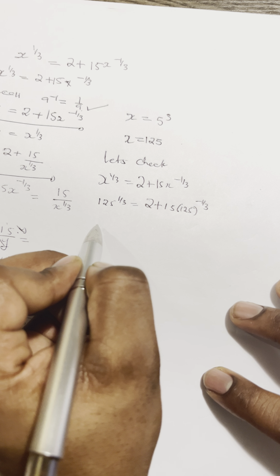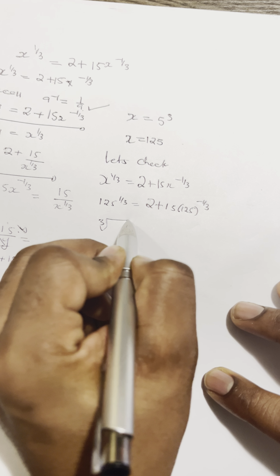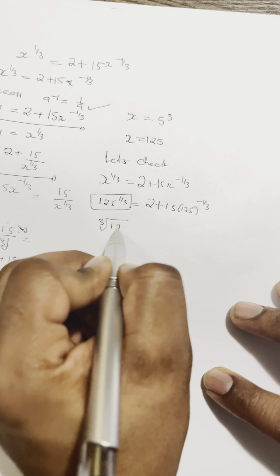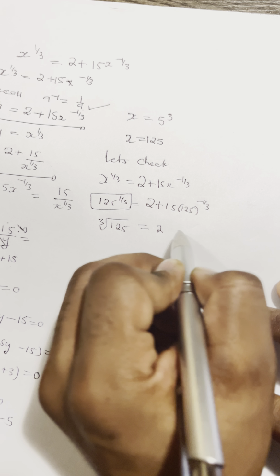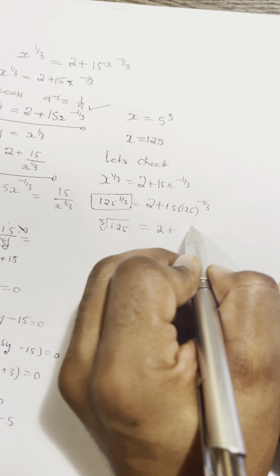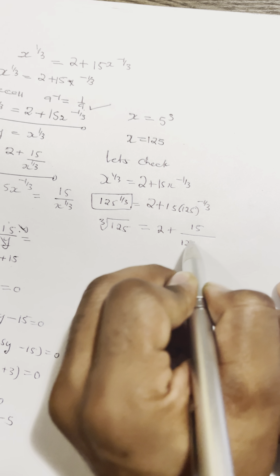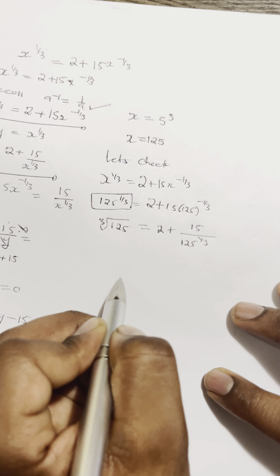All right. Now we have the cube root of 125 is equal to 2 plus 15 divided by 125 to the exponent 1/3.